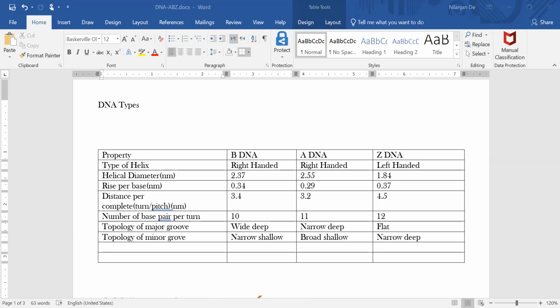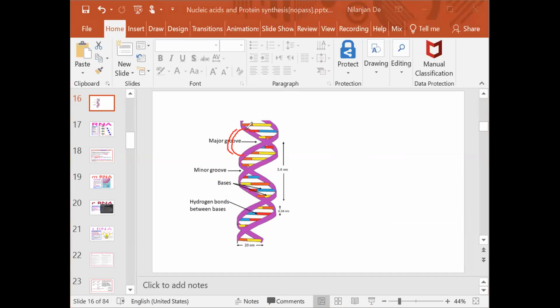Now, topology is what I had shown earlier. This one is quite wide and deep, going deep towards the folding, whereas this one is narrow, not that wide, and not deeper into the structure.